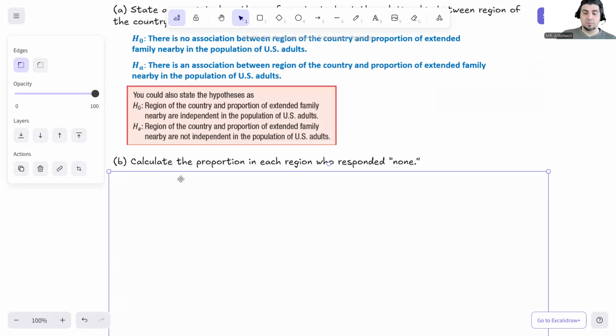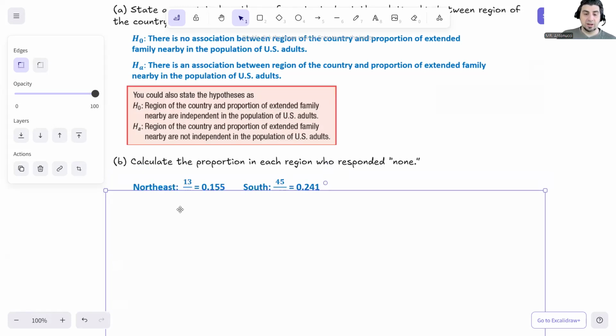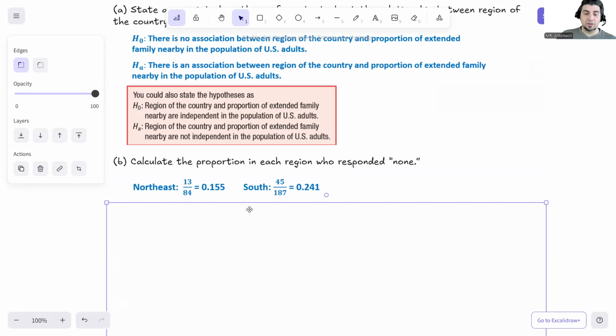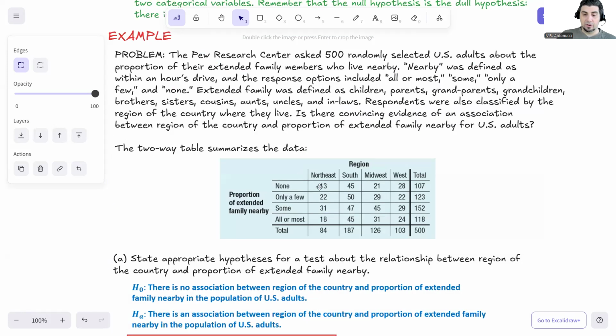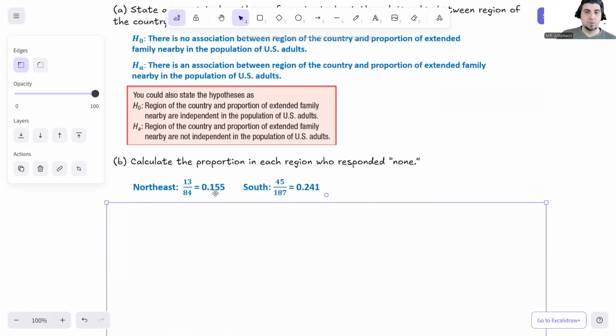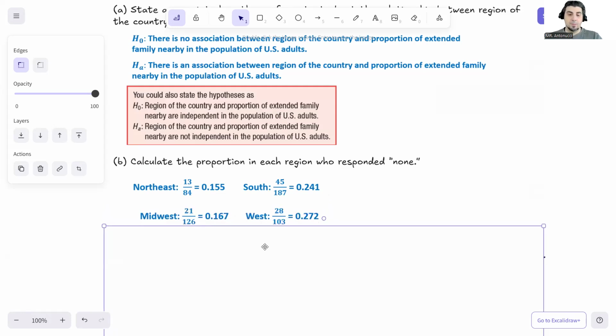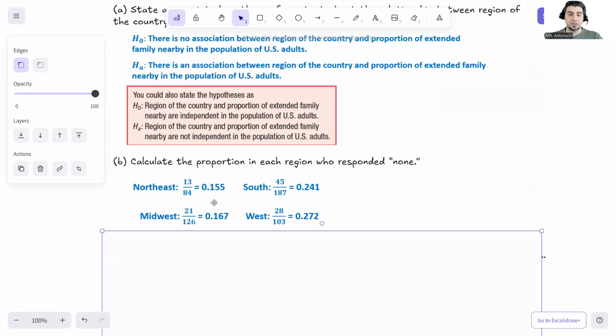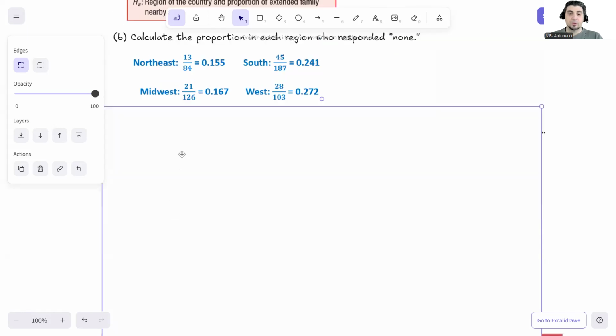To calculate the proportion in each region who responded none, the Northeast is 13 out of 84. 13 out of the 84 in the Northeast region responded none. Okay, so we're looking at the proportions within each region. So the South, Midwest, and West were the other regions. Notice you're doing that cell amount divided by that column total right here. So those are the proportions in each region.